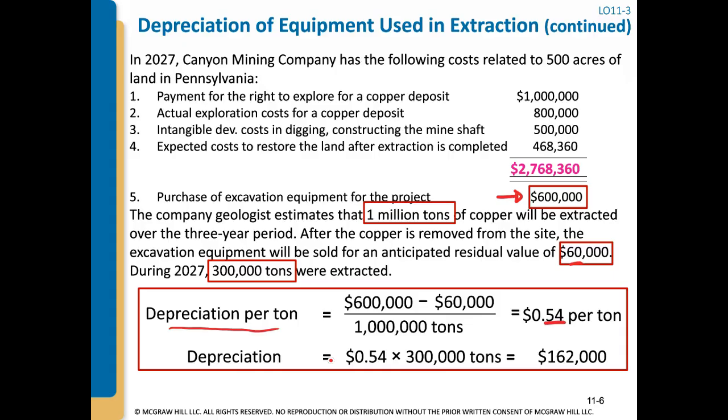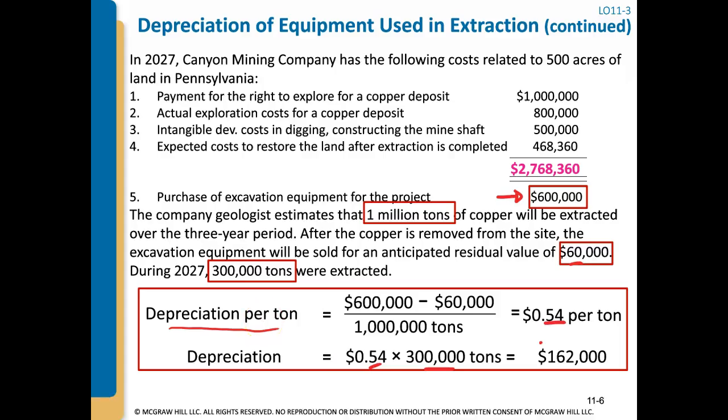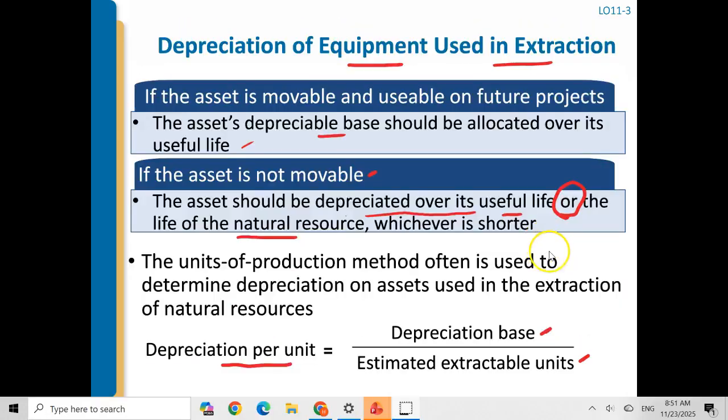We're told in 2027, 300,000 tons were extracted. So we'll multiply that by 54 cents and we get depreciation of $162,000. This is not really the end of the calculation because going back to this slide, it's the end of the calculation, but really it's over what period do we depreciate that asset, right?